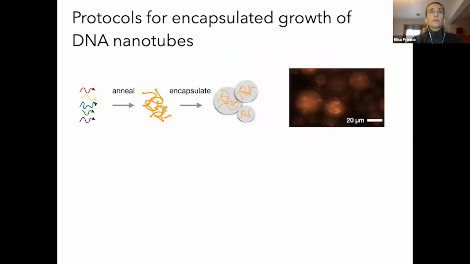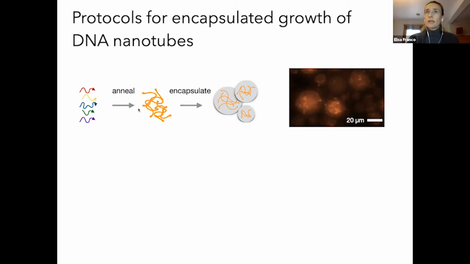So we demonstrated that you can achieve an encapsulation of nanotubes in different ways. So for example, you can take the 5 constitutive strands of the tiles that I showed you, anneal the tiles and form the nanotubes, and after that you can encapsulate. But as you can see, the quality of the nanotubes you see in these droplets is not super, because the encapsulation post-formation essentially creates defects and creates stress on the crystalline structure of the nanotubes.